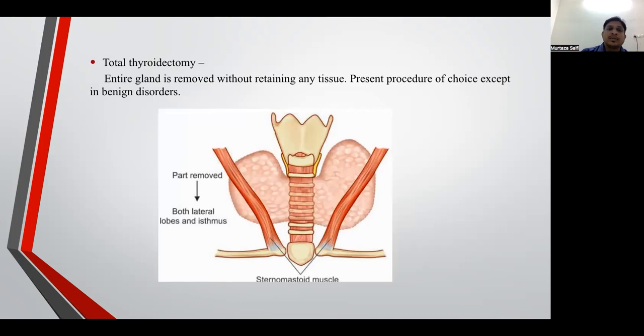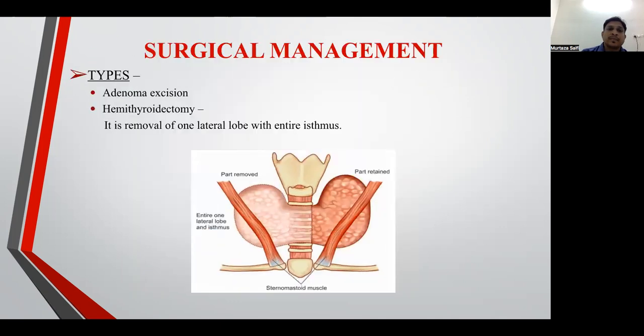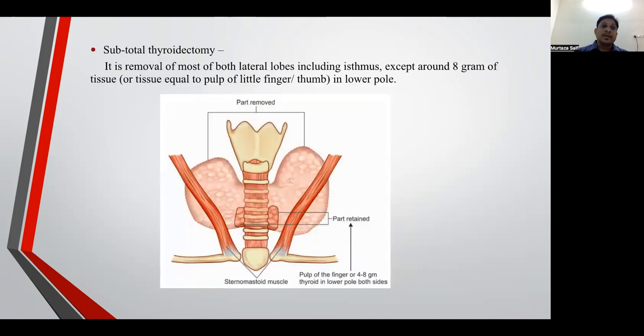So basically, to summarize the surgical management: thyroid adenoma excision, then hemithyroidectomy, which is removal of one lateral lobe with the entire isthmus. Then subtotal thyroidectomy, removal of most of both lateral lobes including the isthmus.